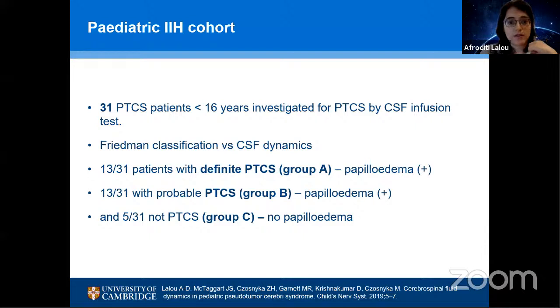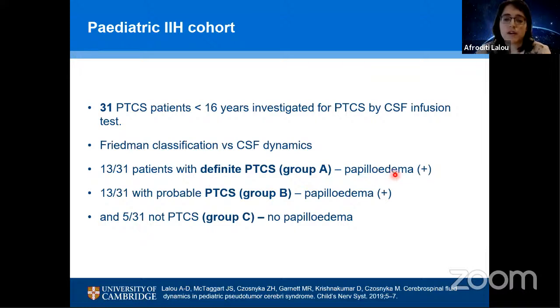From these, we aim to understand how the current diagnostic criteria, the Friedman criteria, correspond, or at least what they can show us about the CSF dynamics of these children. Specifically using the Friedman classification into definite, probable, and not IIH. We used these groups, 13, 13, and 5 children, to look into their dynamics.